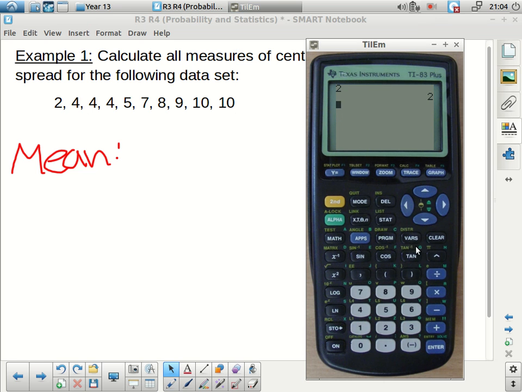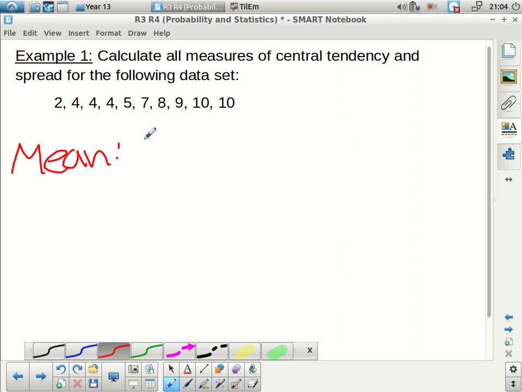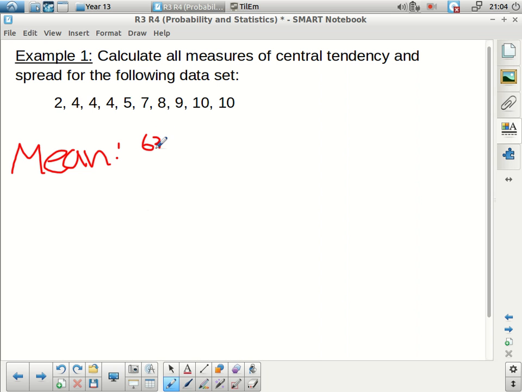So I have 2 plus 4, and so on. When I add those all up, there's a total of 63. I'm pretty sure I have 10 numbers in my list, so divide that by 10, and the mean would be 6.3.